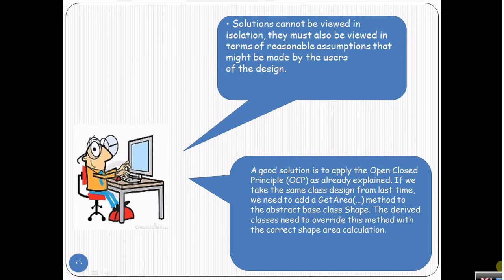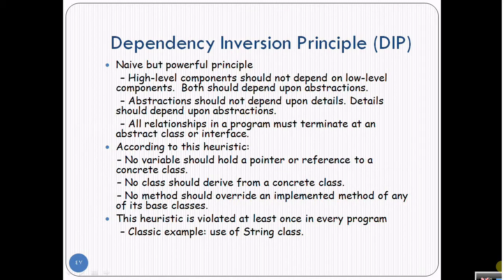Solutions cannot be viewed in isolation. They must also be viewed in terms of reasonable assumptions that may be made by the users of the design. Continue in the next class.